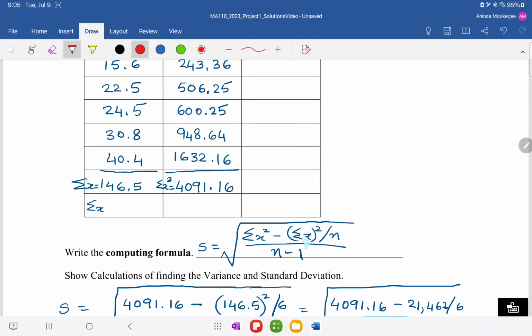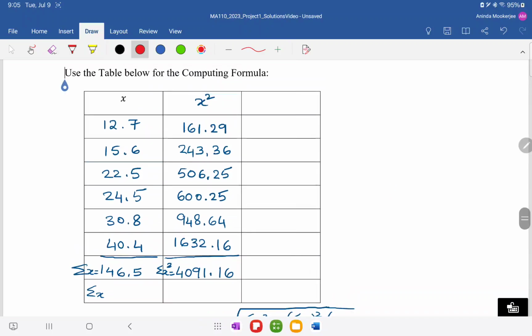One is sigma x. If you have your x values and sum them up, that's your sigma x value. So just add up all your x values, that's the data set given to you, and that will represent your sigma x.